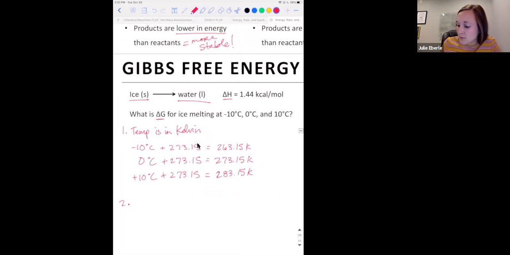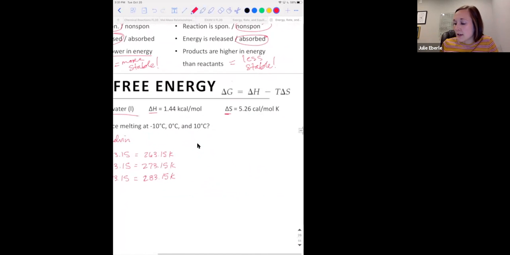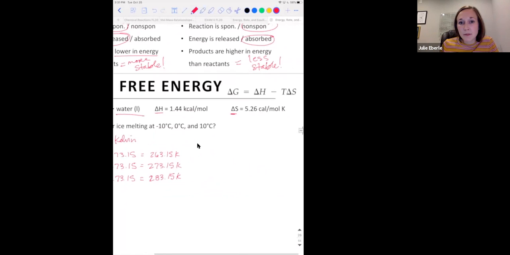Step number 2: if you look at your delta S and your delta H, remember the other difference in the units we talked about is one is in kcal and the other is in calories. We have to make them match. So what I always do is I take my delta S and I convert it to kcals.